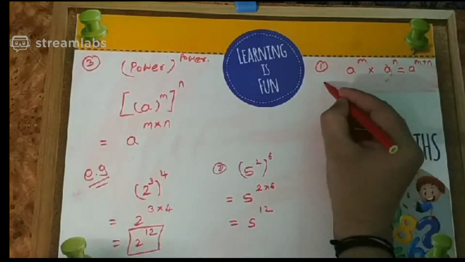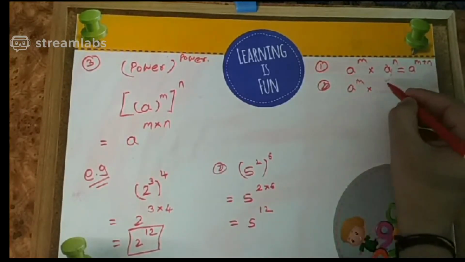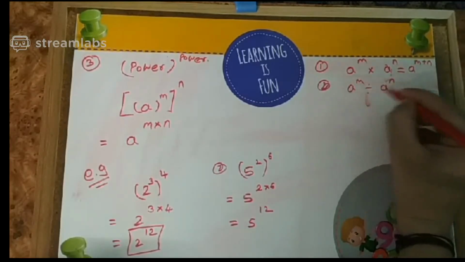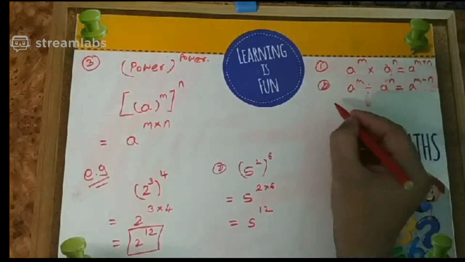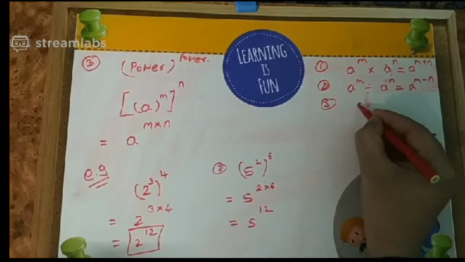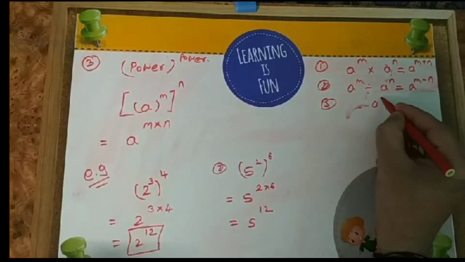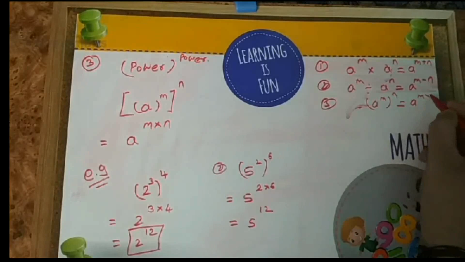The second law was when dividing numbers with the same base but different powers, the powers get subtracted. And the third law, power of power, where the powers get multiplied.